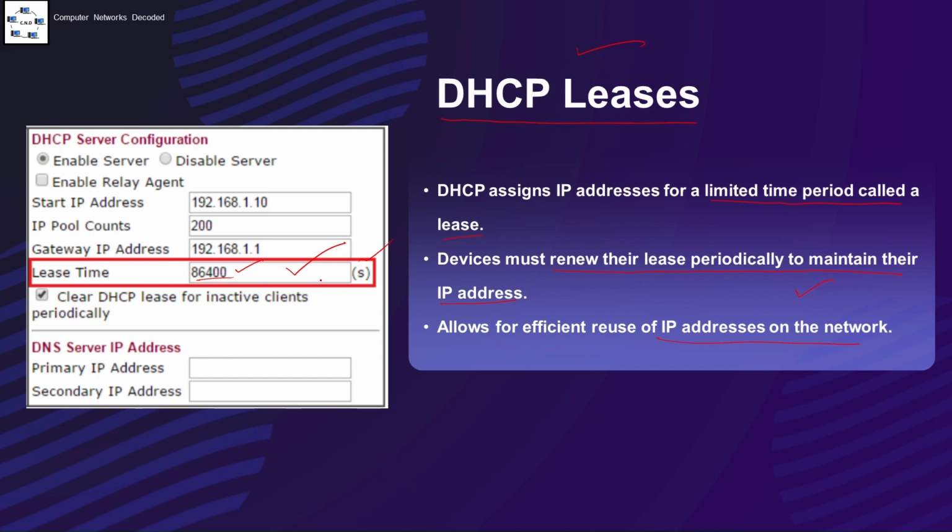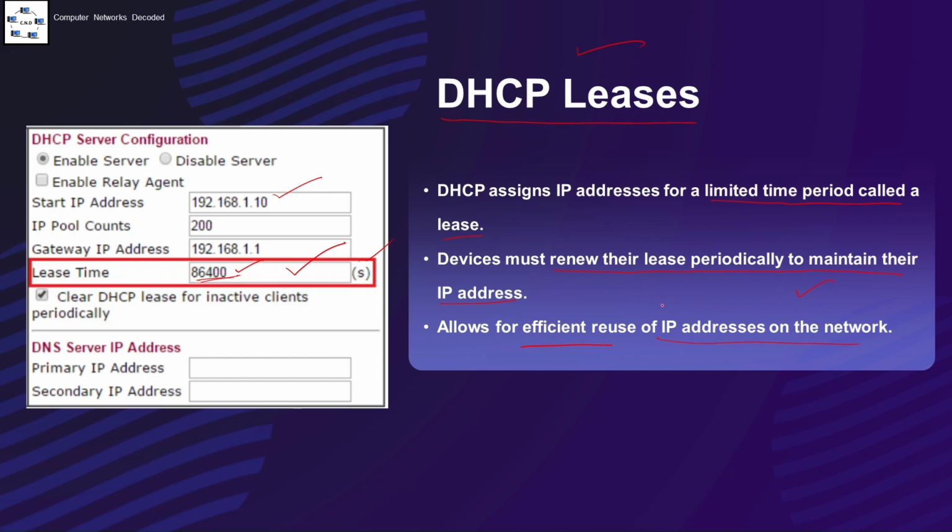Let's suppose a device disconnects itself from the network. If a device does not renew its IP address after this lease time, it means the device has gone or has shut down, and this IP address will then be assigned to another client.